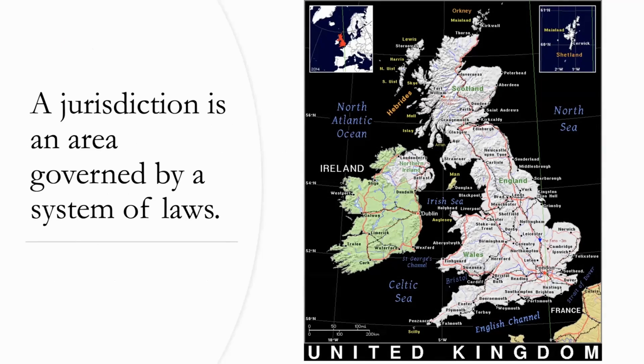Another important understanding is that a jurisdiction is an area governed by a system of laws. Before we started, I was mentioning that in England, they've redone their whole organizational system in the last, well, they started many years ago, but more recently. So what we generally see on a map are the historic counties.